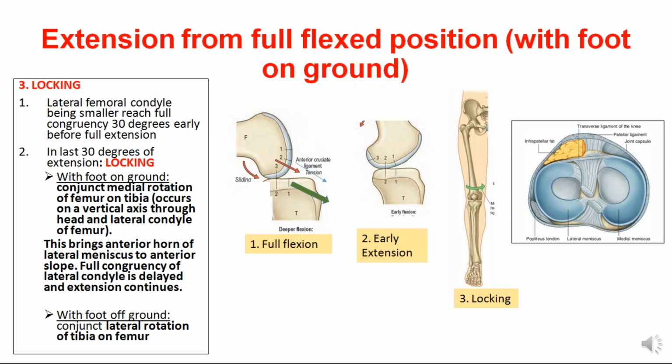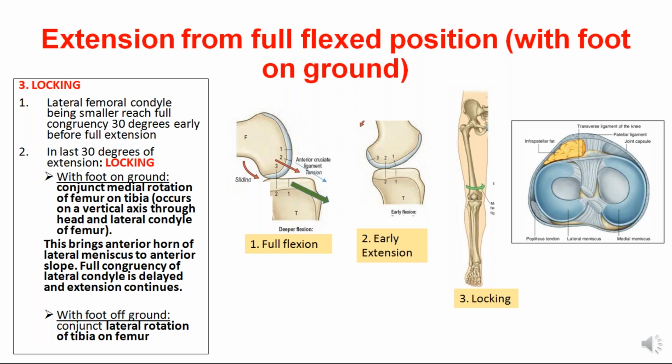So in this picture, you can see the femur is undergoing medial rotation. This medial rotation of the femur is taking place on the tibia, and the axis of this medial rotation is a vertical axis, which passes from the head of the femur to the lateral condyle of the femur.